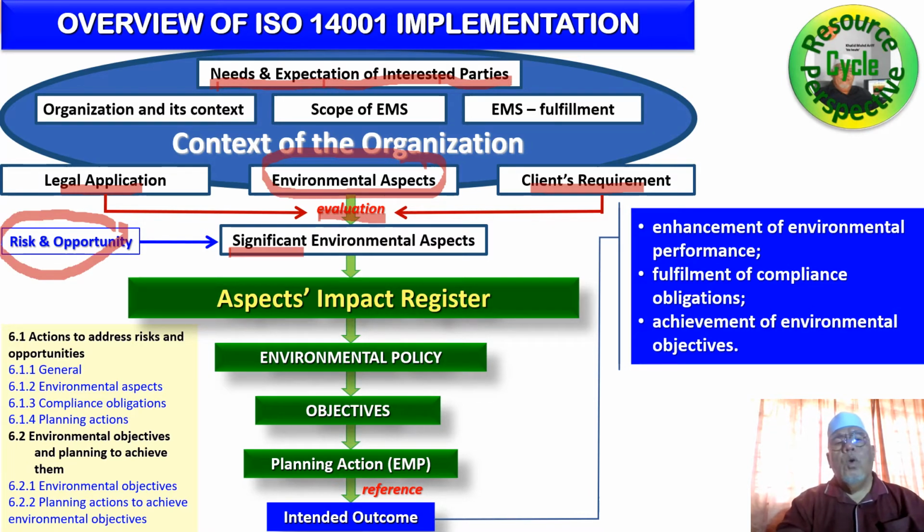At this point, we sum everything into this document, what we call the aspects impact register for our entire company, based on the scope of activities for our certification. Now, at this point, this company already has a clear picture of their position in environmental management.